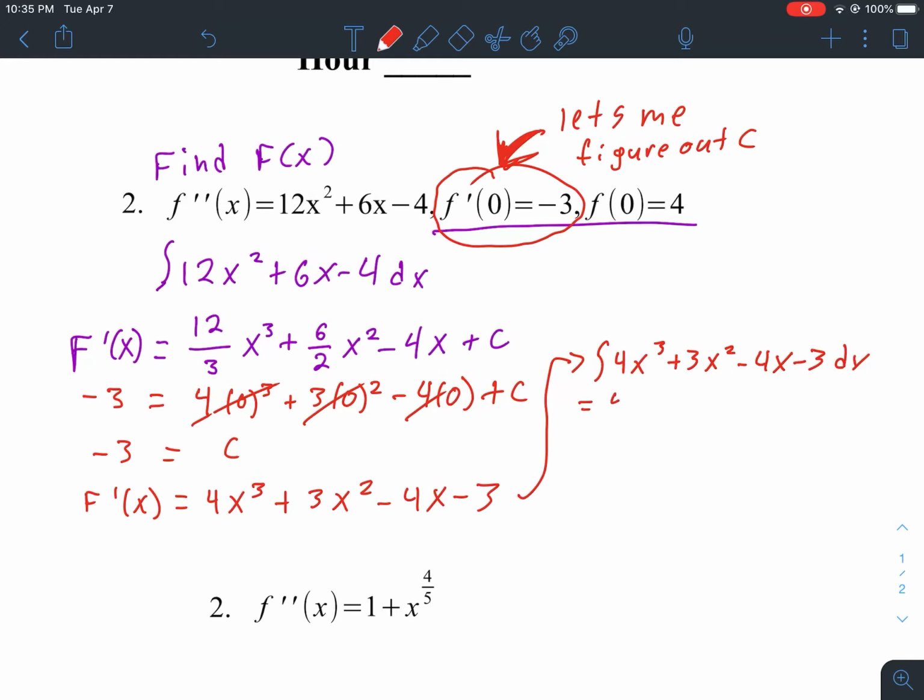So it's 4 over the new exponent, 4 over 4, x to the fourth, plus 3 over 3, x to the third, minus 4 over 2, x squared, minus 3x, plus c. 4 over 4 is 1, x to the fourth, plus 3 over 3, that's 1x to the third, minus 4 over 2 is 2x squared, minus 3x, plus c. That's f of x.